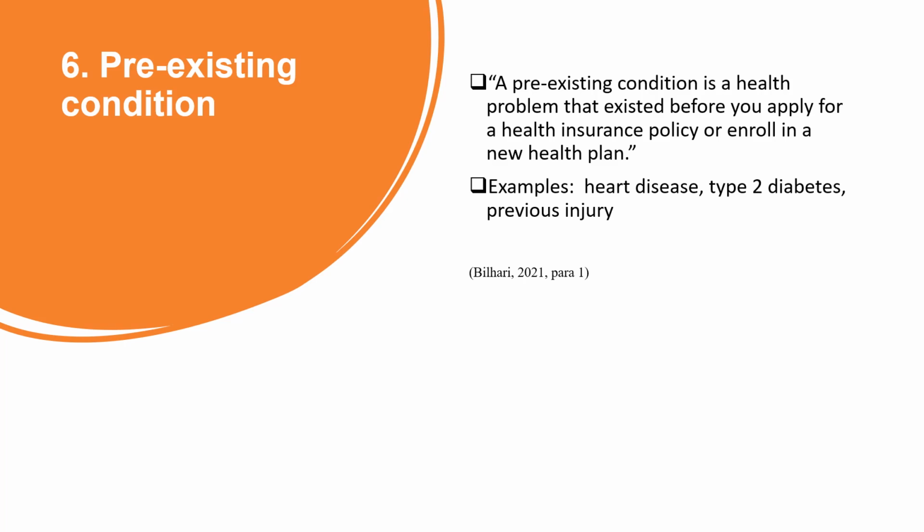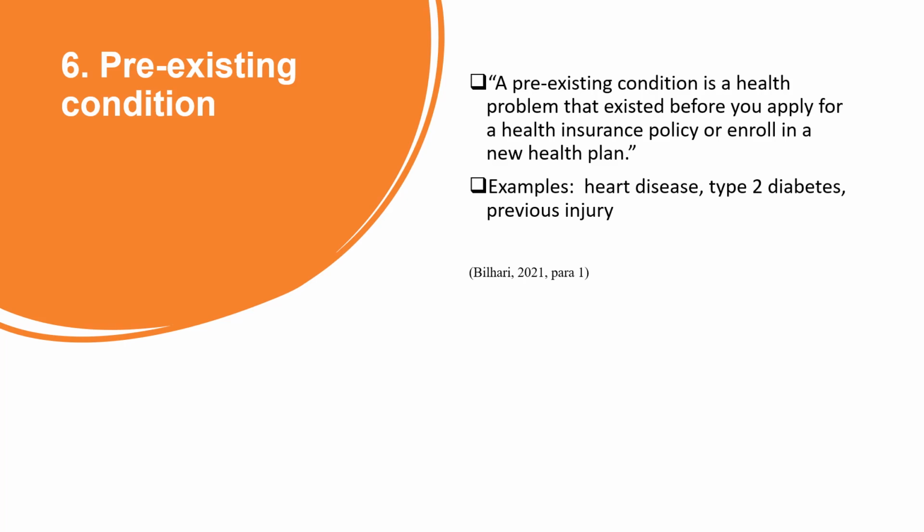Historically, when insurance companies rated individuals, they would look at the individual. So if someone had a history of heart disease, the premiums they would charge would be really, really high, so high that the individual probably could not afford health insurance at a time when they really needed it.